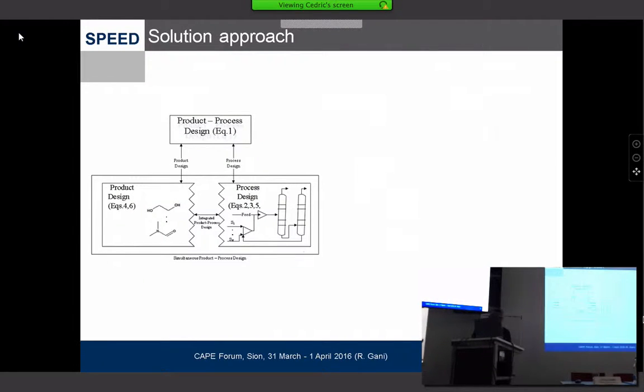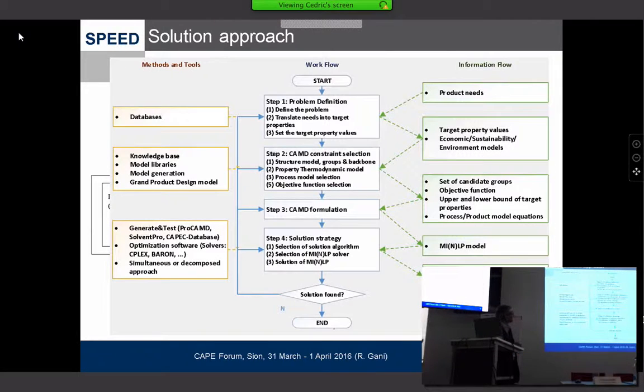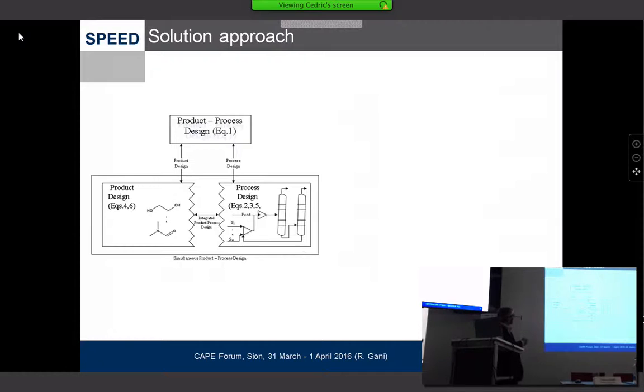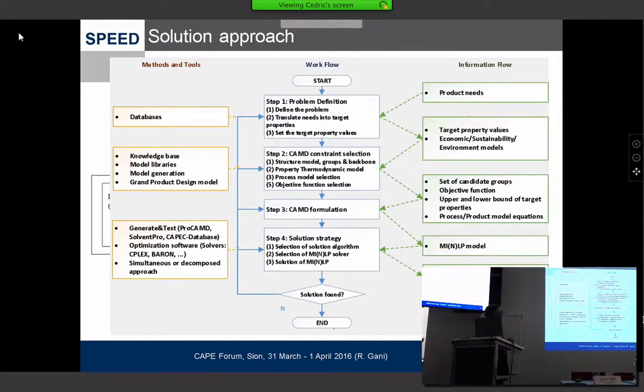So if we look at it from this general problem formulation, we can see now from the CMD problem how many different ways we can solve it, and I will show you all of them. So we can simply go and say, instead of generating the molecules, let's go to a database which contains a lot of molecules and properties and check which molecules satisfy. So that would give us one form of results.